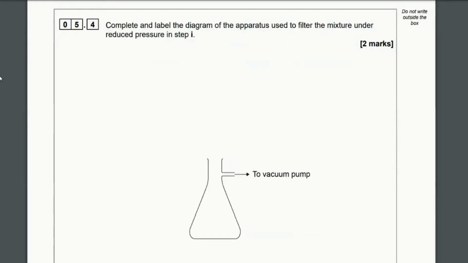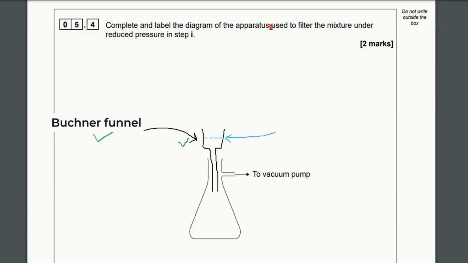Complete and label the diagram of the apparatus that is used to filter the mixture under reduced pressure in step I. So you need to know about this apparatus for filtration. And the first thing we're going to add is a Buchner funnel, okay, which I've badly drawn here, and you'll score some marks for the labeling of this because it does say we need to label the diagram. So you've got a Buchner funnel.